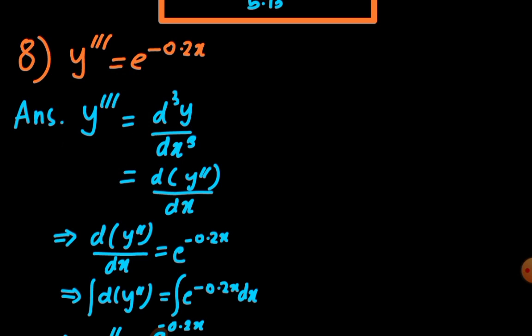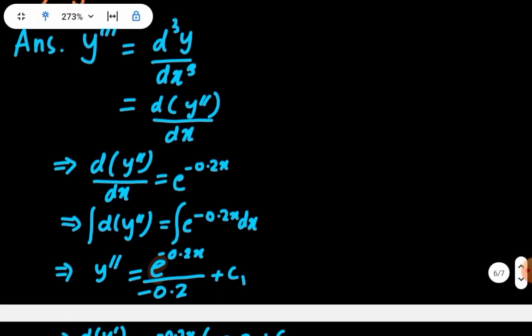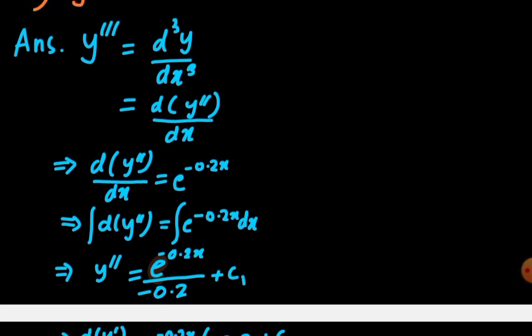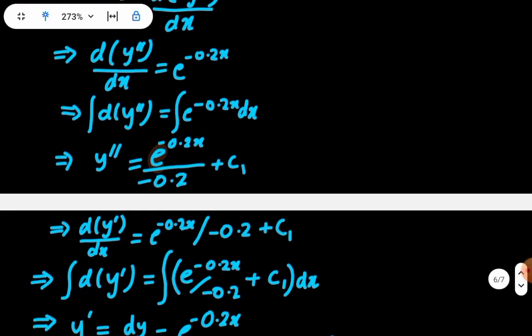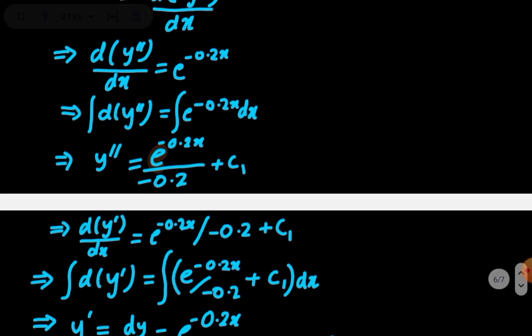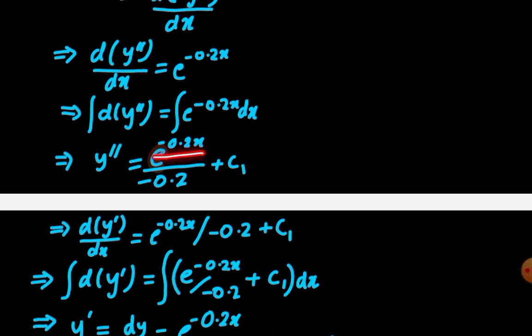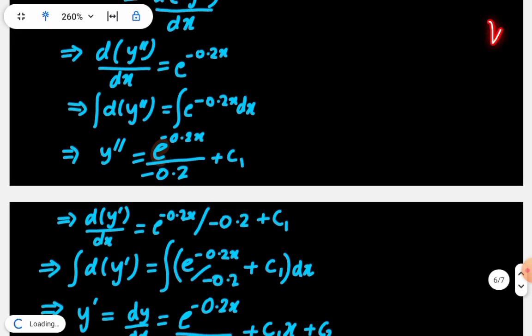Hence, we just normally integrate it, and we get y double prime equals e to the power minus 0.2x by minus 0.2 plus c1, just the normal methods that we discussed in these questions. So I didn't really write t equals minus 0.2x and all that. Hopefully you get it right now.